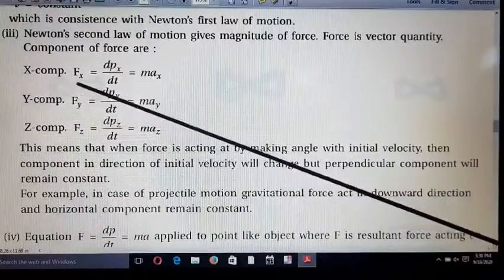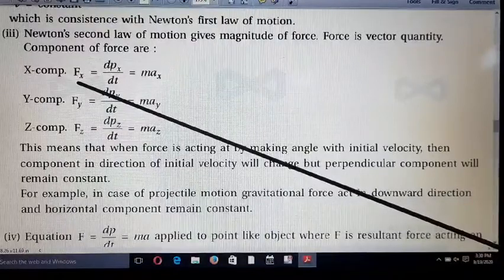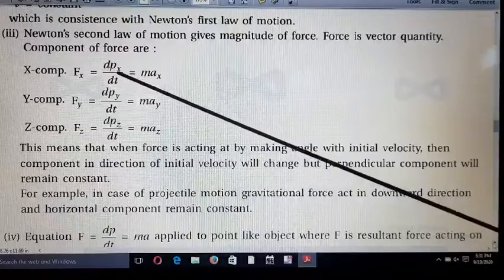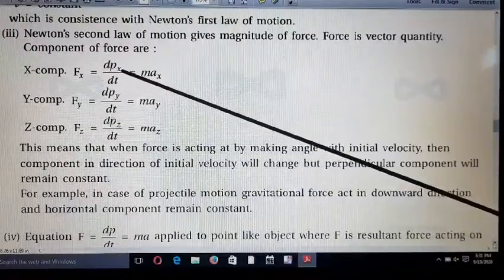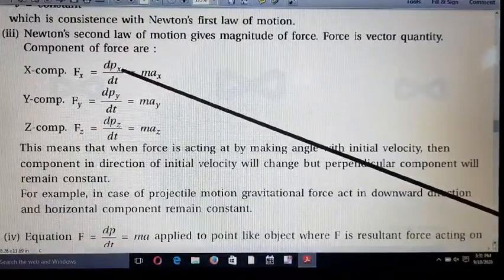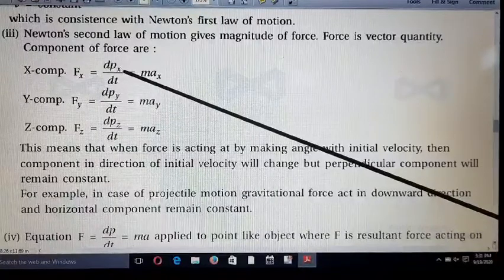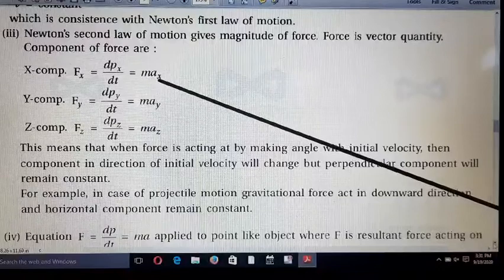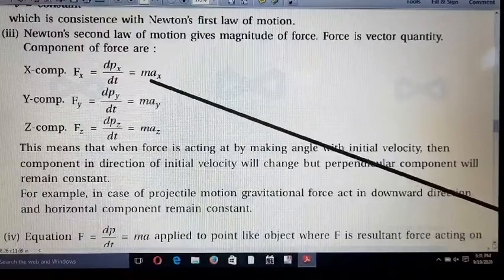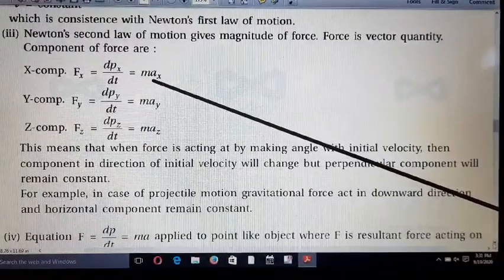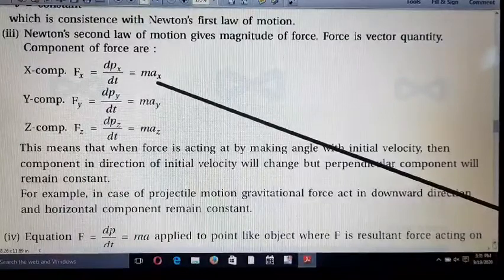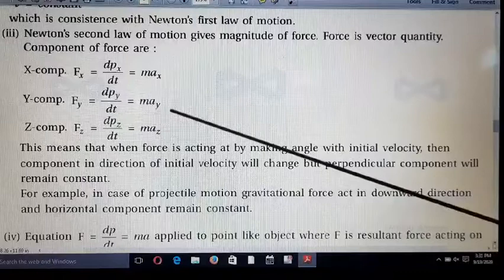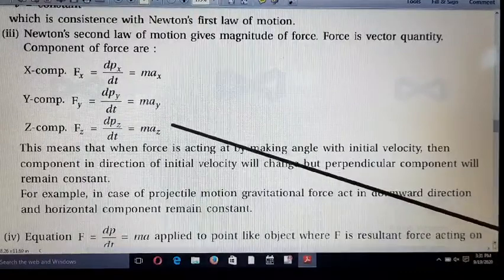Here Fx, the force applied in x direction, is equal to dpx upon dt, where px is the momentum of the x component. In the same way we can write Fx is equal to max, where m is the mass and ax is the x component of the acceleration. In the same way we can write the y component and z component.